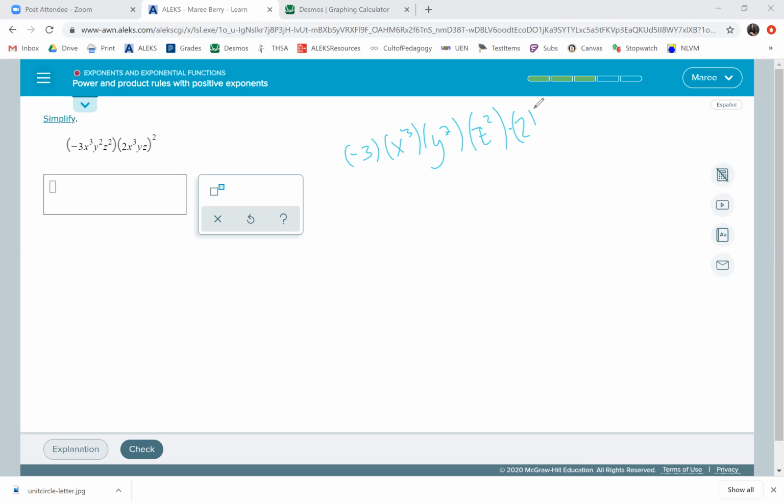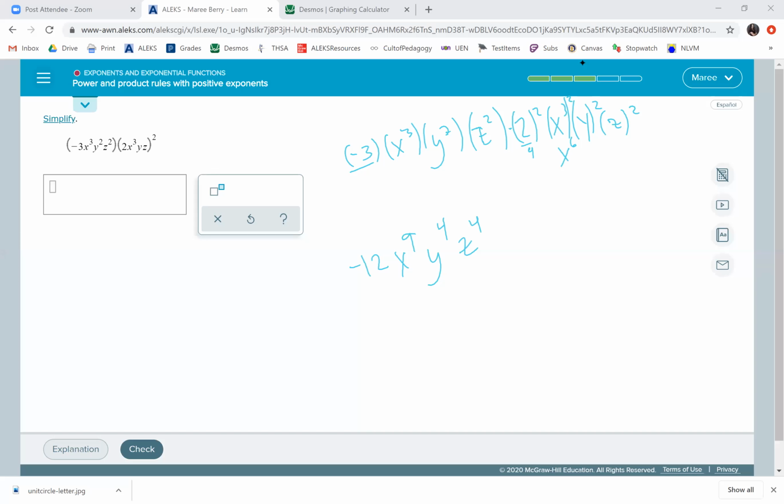So 2 squared, x cubed squared, y squared squared, and z squared. Okay, so -3, 2 squared is 4, so -3 times 4 is -12. X cubed, this is x to the 6th, so x to the 9th. Y squared, and that's y squared, so y to the 4th, and z squared, z to the 4th.